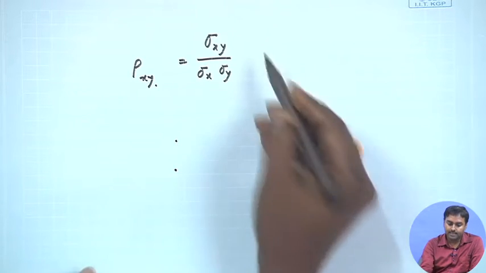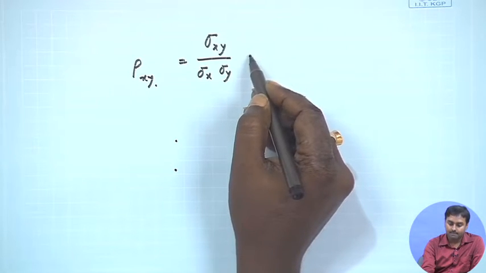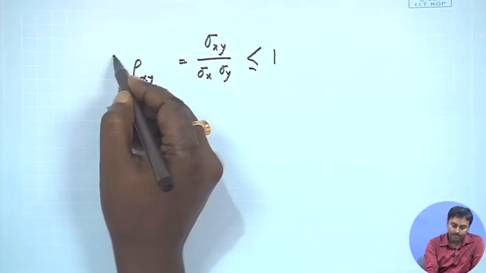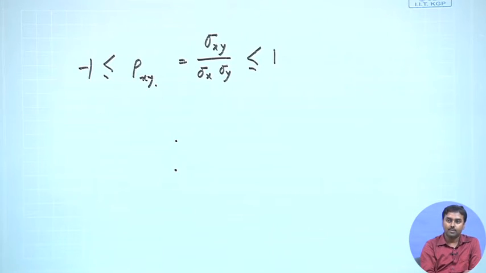So, this will always be less than or equal to 1 and greater than or equal to minus 1. At minus 1 it is fully negatively correlated, at plus 1 it is positively fully correlated, and at 0 they are completely uncorrelated. So, this is how it goes.